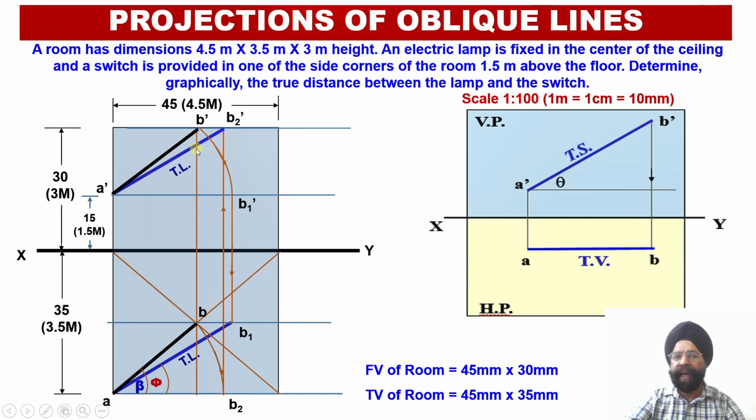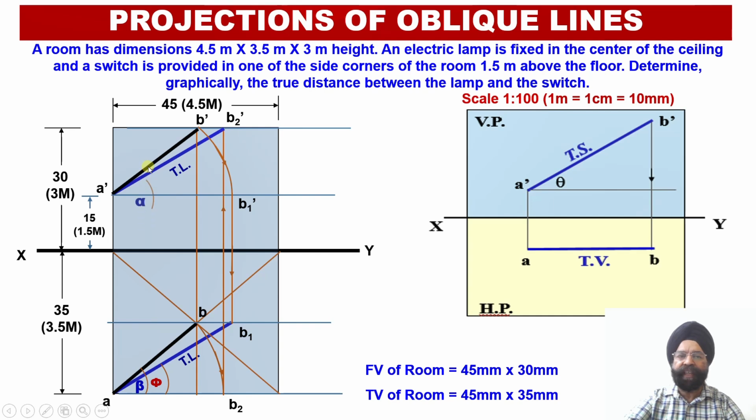Now once we have obtained the true length of the line in the front view as well, we need to evaluate the angles of inclinations of the apparent length, that is A dash B dash, and the true length, that is A dash B2 dash, with respect to the horizontal plane.